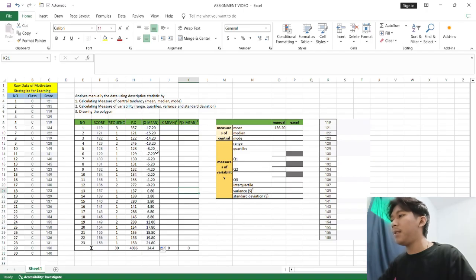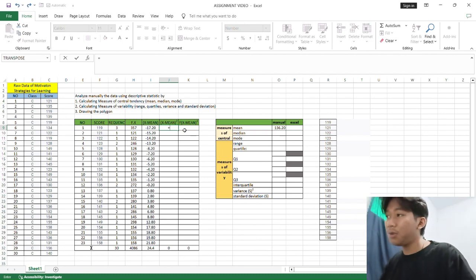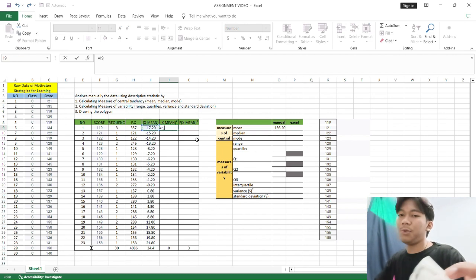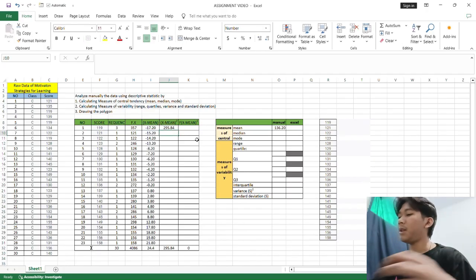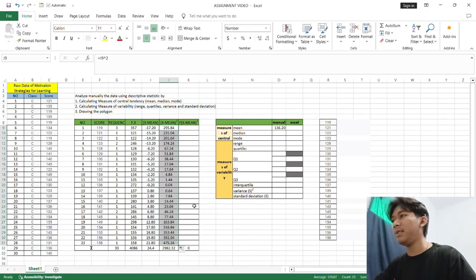So just like that, we have our x minus mean. Okay, so the next is we're gonna calculate x minus mean squared. It's just simple, guys. You click on the x minus mean, then add the square symbol and then add 2, just like this. And there we go, we have it.